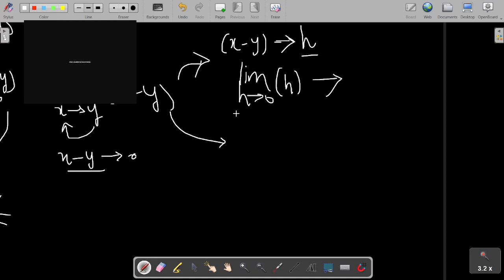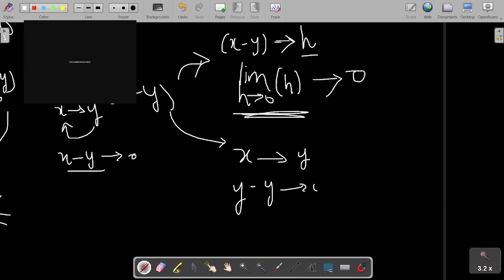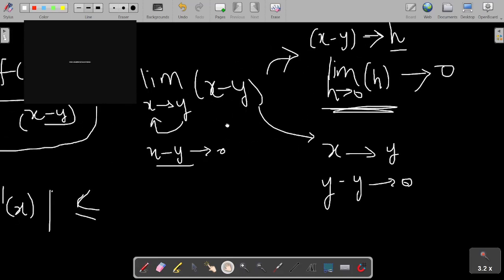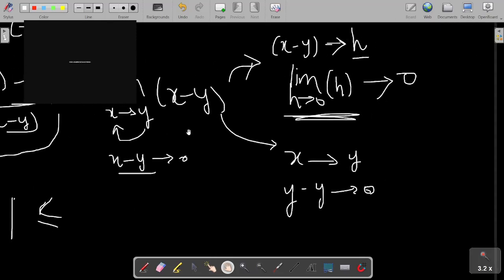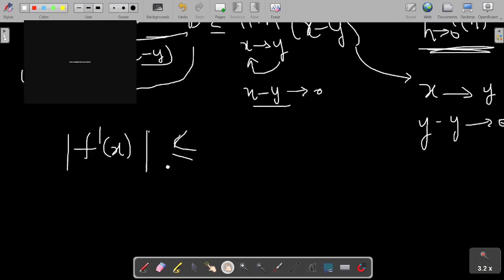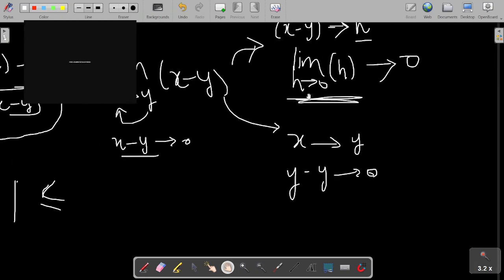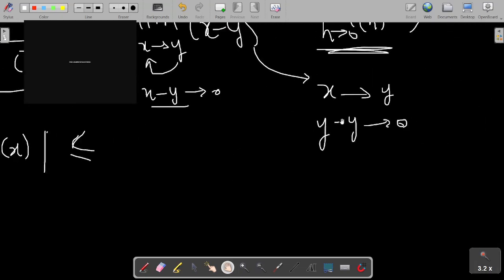So this overall limit tends to 0. Or I can simply say that if x is tending to y, and I put y in this equation, then y minus y tends to 0. So the upper method is if you talk in limits terminology. Or you can simply do this calculation.